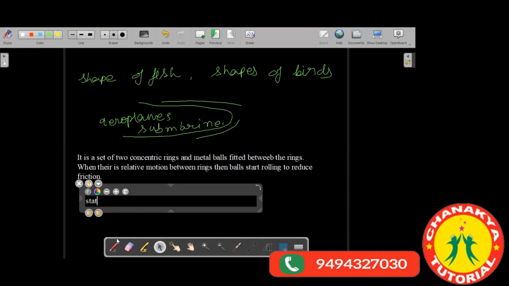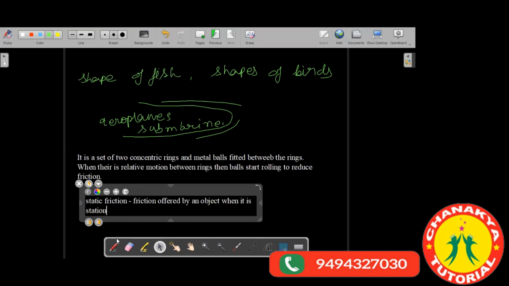Static friction: friction offered by an object when it is stationary, or when it's not moving. So that friction we call the static friction.